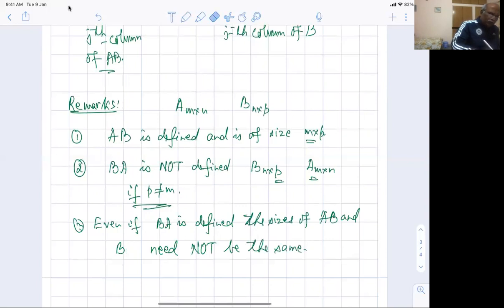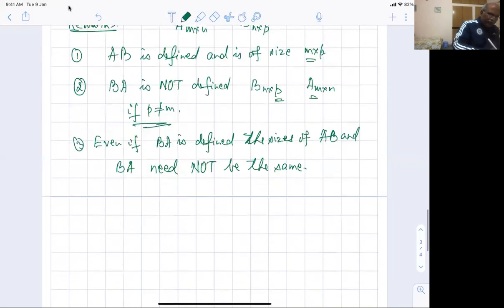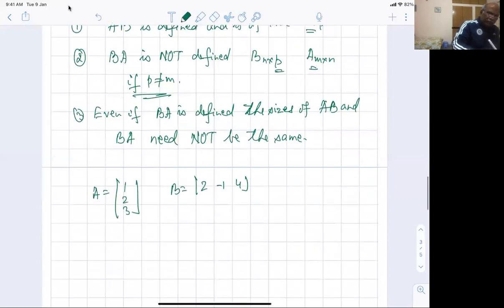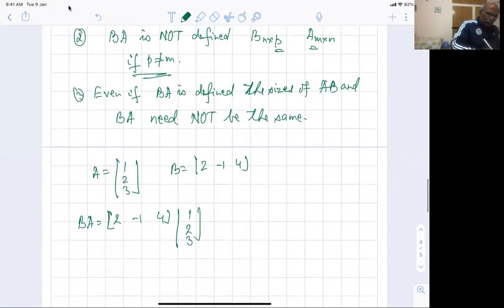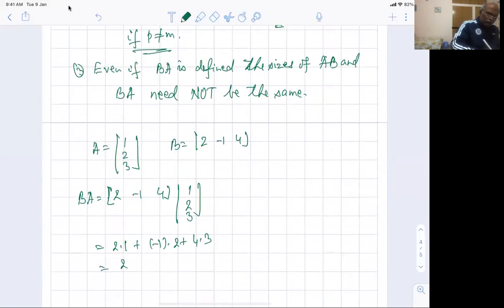So for example, if I have A as 1, 2, 3, B as 2, -1, 4, then if I look at BA, it will be 2, -1, 4 times 1, 2, 3, which, just multiply it out, is 2 into 1 plus -1 into 2 plus 4 into 3, which is the same as 2 minus 2 plus 12, which is the same as 12. All right.